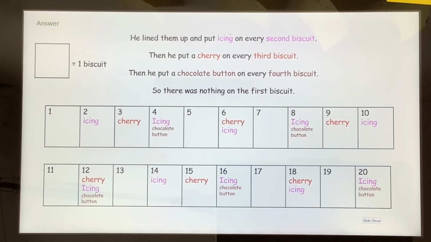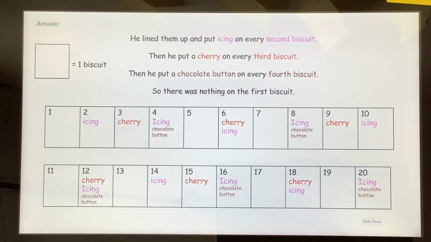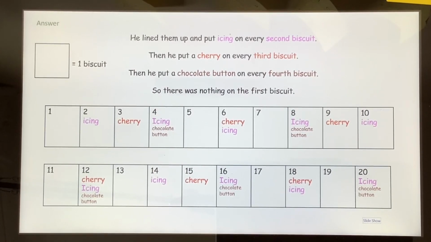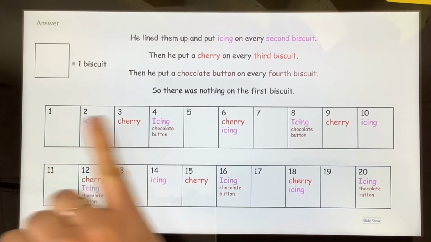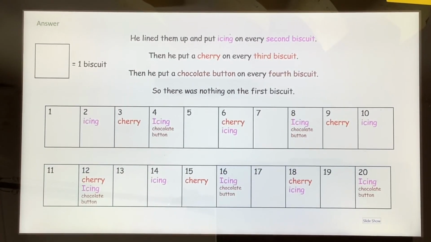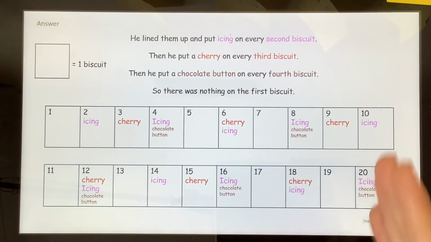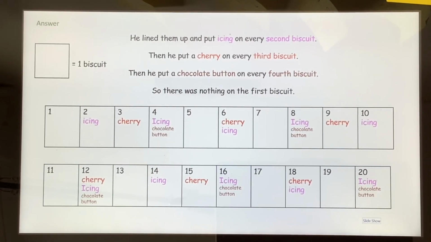It could be sprinkles, it can be anything you like. So there is the answer to the problem visually, but have a think about how you could extend it further. Explain why these numbers have none, but also think about what would be the next number if you carried it on to have 3, or invent your 4th decoration for every 5th cake, and then think about which ones would have all 4 decorations. Good luck.